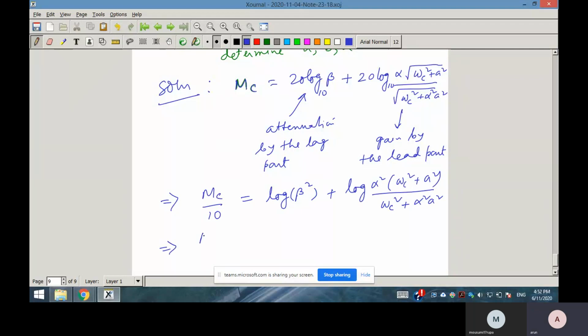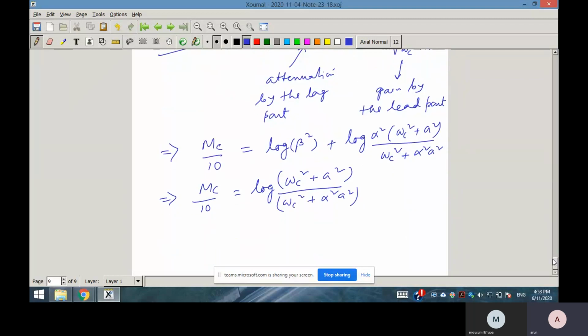So this will imply Mc by 10 equal to log of alpha square beta square. If you want to absorb this one inside, alpha square beta square is ultimately 1. So this will be omega c square plus a square divided by omega c square plus alpha square a square. Now omega c by a, I have already assumed earlier in case of lead part, lag part, omega c by a is the normalized omega c.